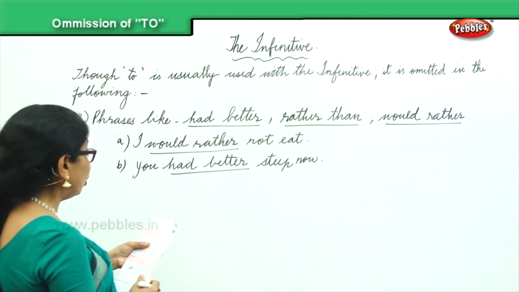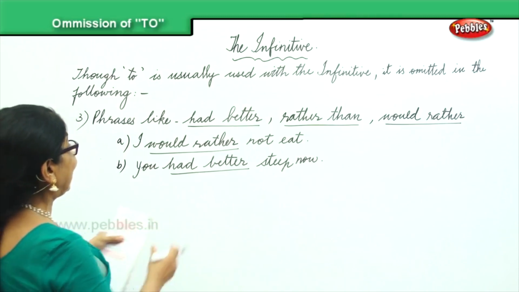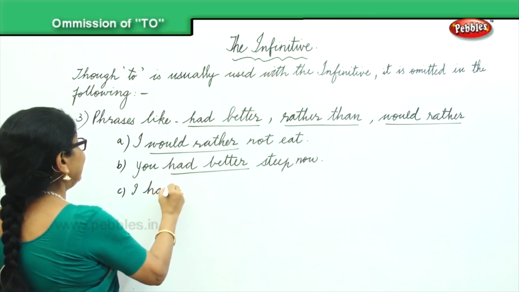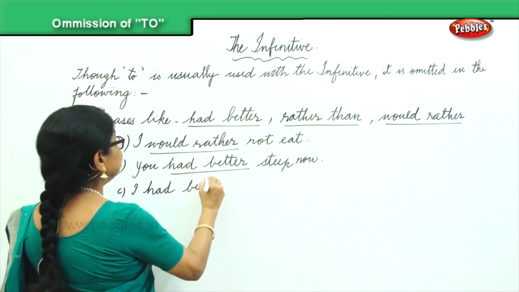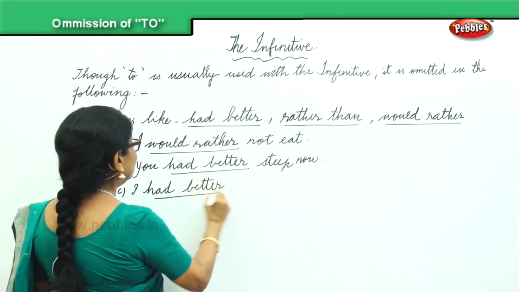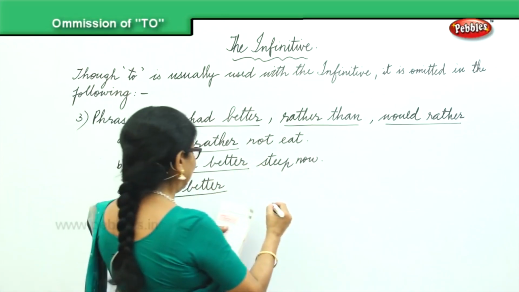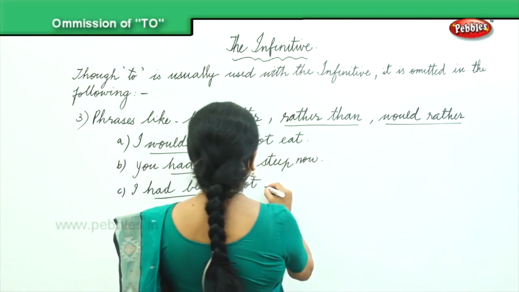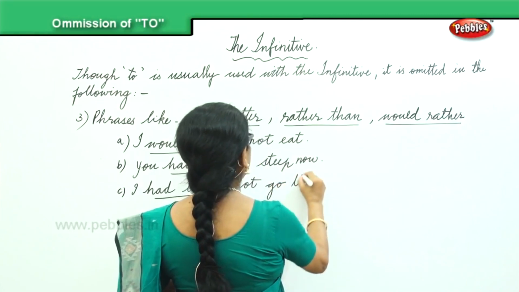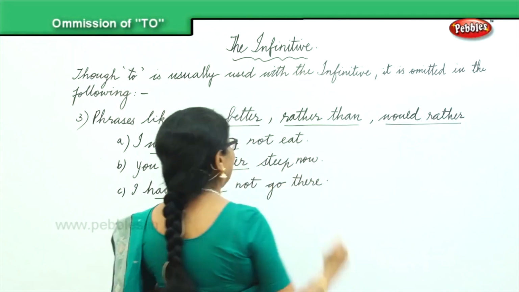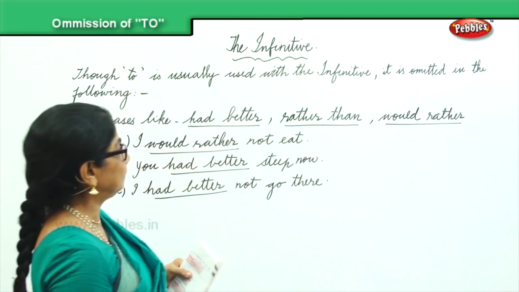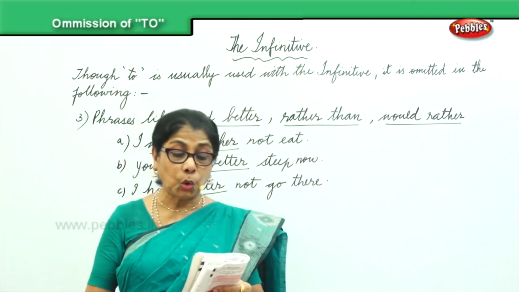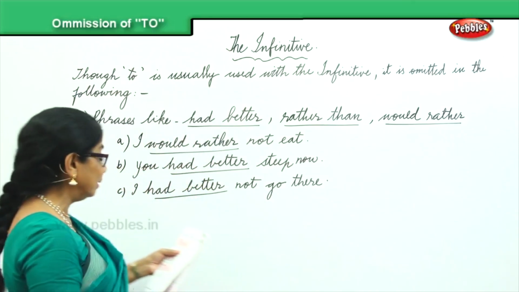I had better not gone there. I had better. I had better not gone to that place. I had better not go there. I had better not meet him. Okay. Now, I rather go home than be here.